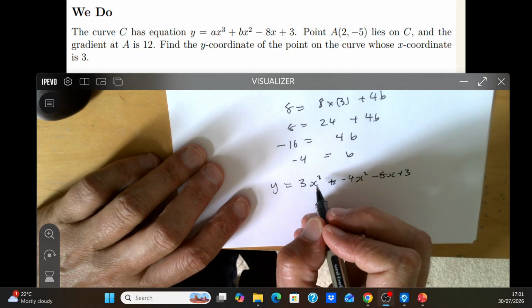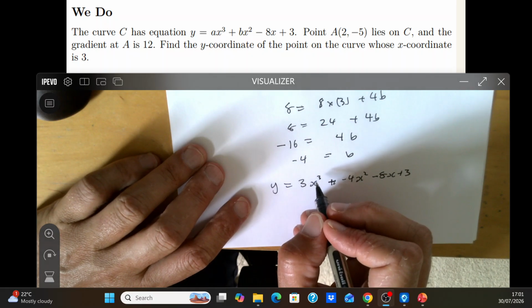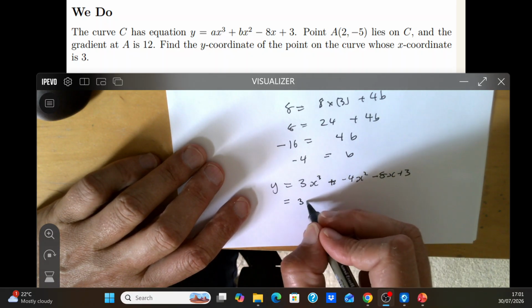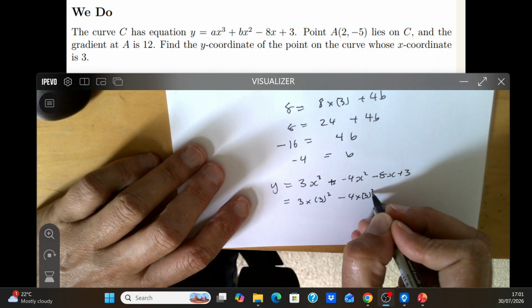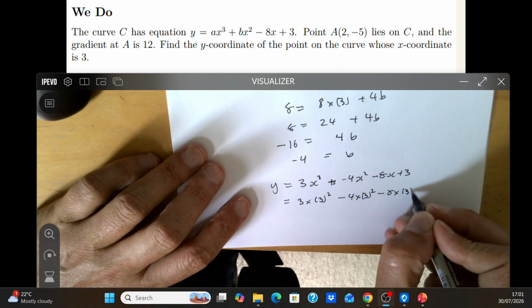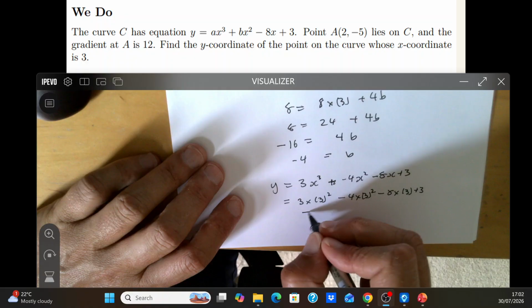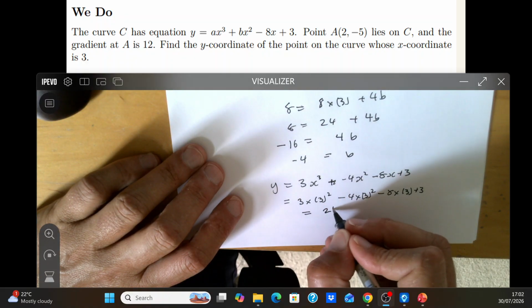What does it say? The x coordinate we're interested in, which is 3, which is why I kept saying 3 earlier in the question at the wrong point. Make my calculator look like that, and that gives me y equals 24.